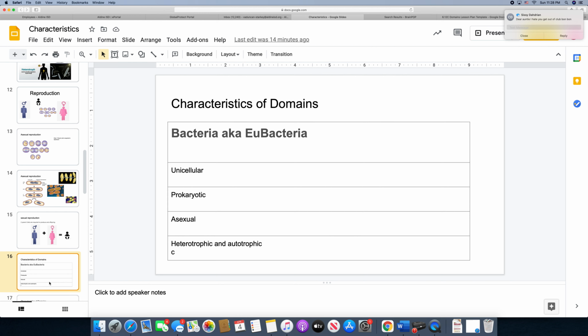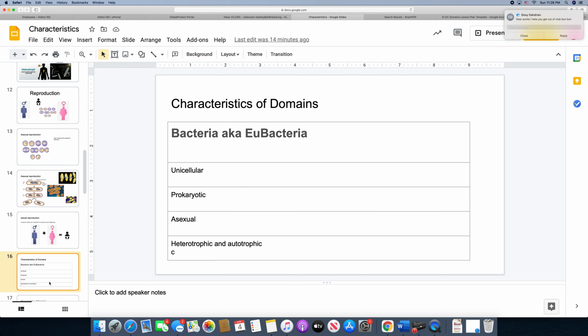So now let's go ahead and break those characteristics down into each domain. Domain bacteria, also known as eubacteria, is unicellular. All the organisms are unicellular, meaning only one cell is present. They are all prokaryotic, meaning every organism in this domain does not have a nucleus.